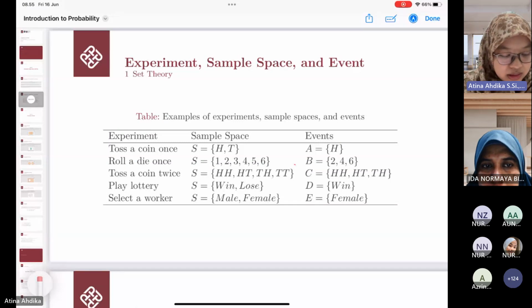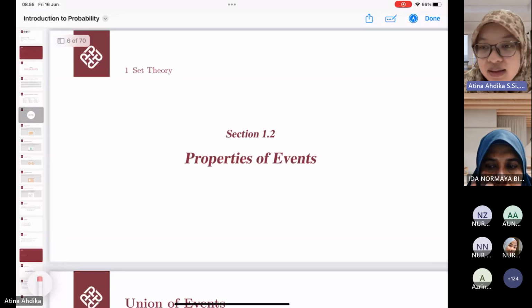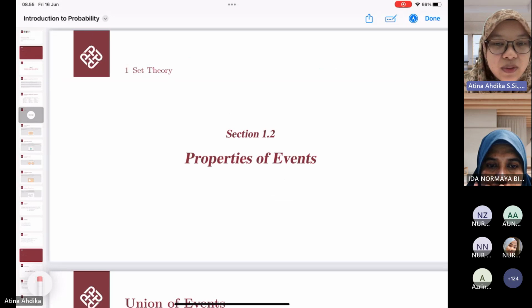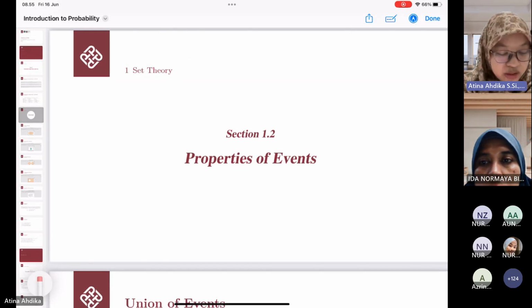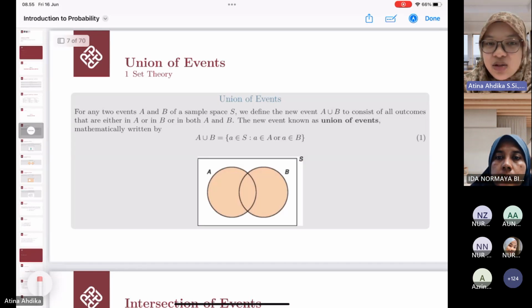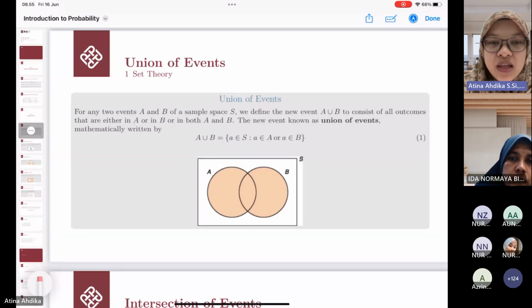Okay, I will continue to the next explanation, about the properties of events. We have some properties of events. The first one is the union of events.